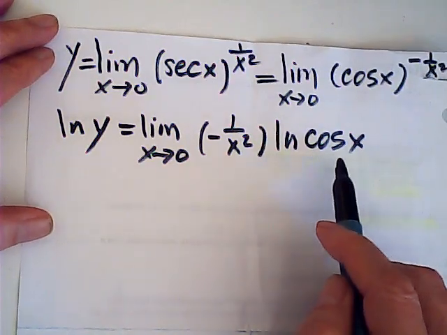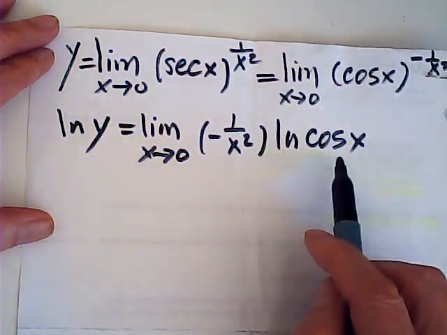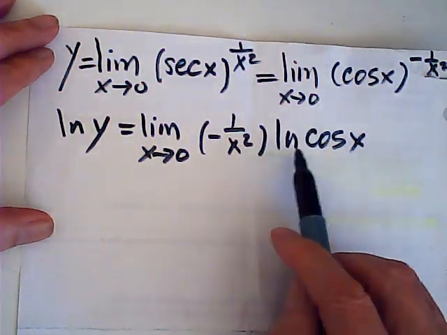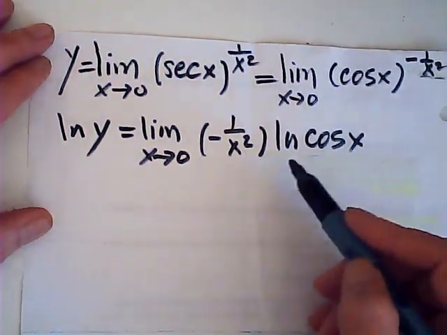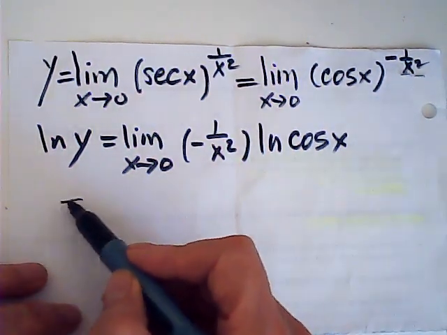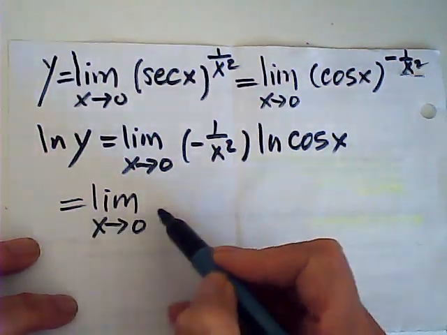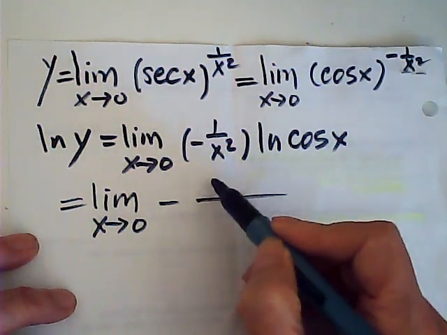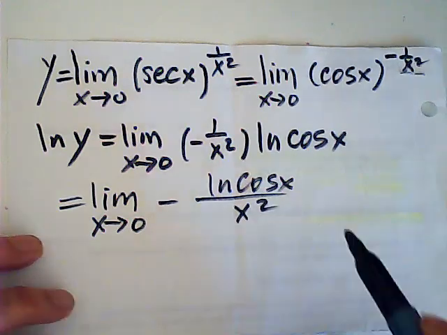And as x goes to 0, cosine goes to 1, log 1 goes to 0. This one goes to infinity. Therefore, this is an indeterminate form. We can use L'Hopital's rule, right? This is negative log cosine x over x squared.